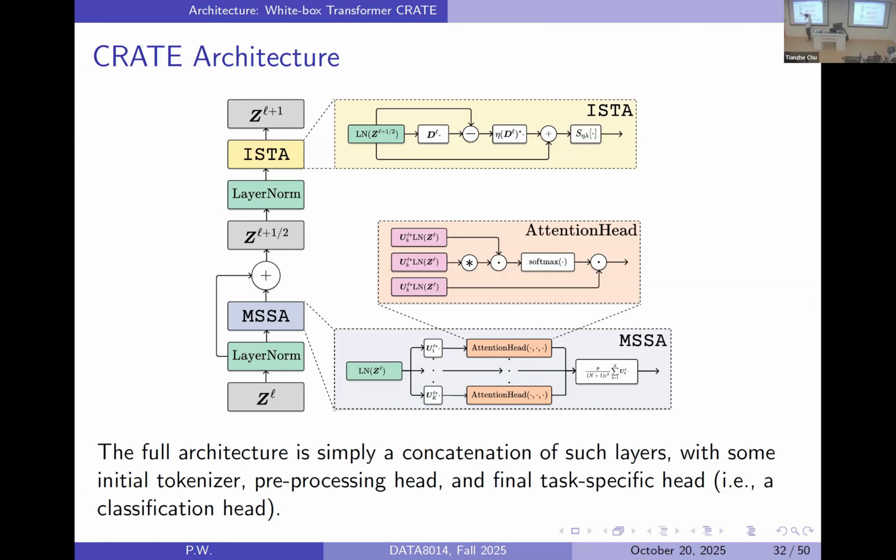Here is a residual connection, and then we get the intermediate output Z_{L+1/2}, and then do a layer normalization, followed by the E star block, and finally get the output of this layer. The full architecture is a concatenation of these layers with some initial tokenization pre-processing head, and also a final task-specific head, like the classification head. That is the full CRATE architecture.